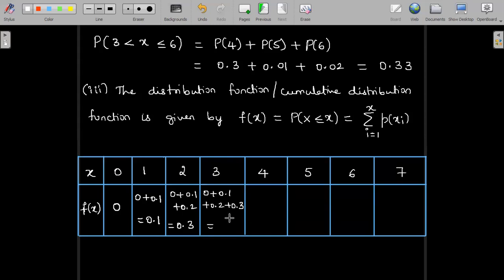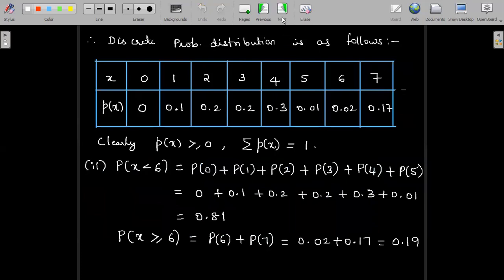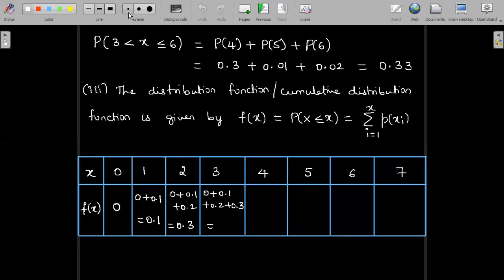This is for x equal to 3 that we are doing now. For x equal to 3, the probability value is 0.2. So here I should have written 0.2, not 0.3. So let me just erase this and write down 0.2 here.